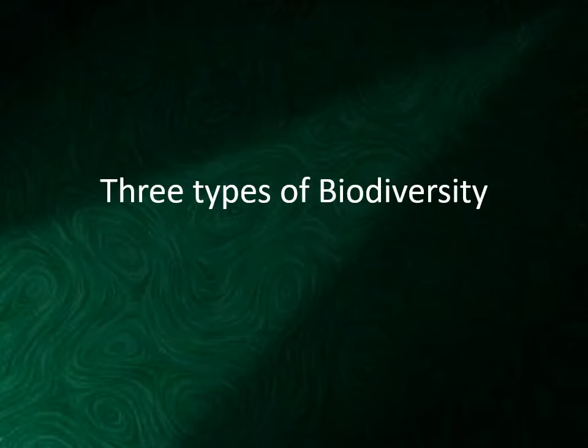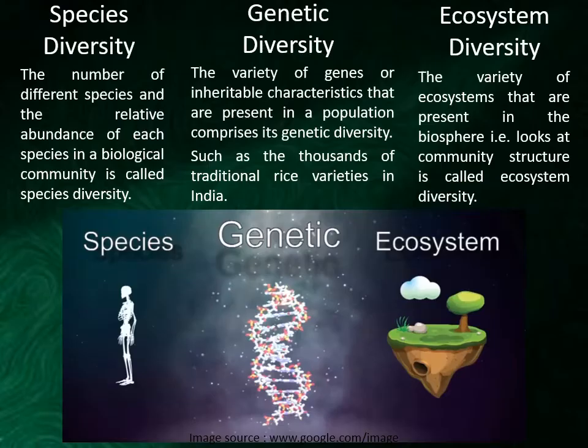Now, in nature, three types of biodiversity are found to occur. The first one is ecosystem diversity, for example your mangrove ecosystem. Ecosystem means different ecological conditions.